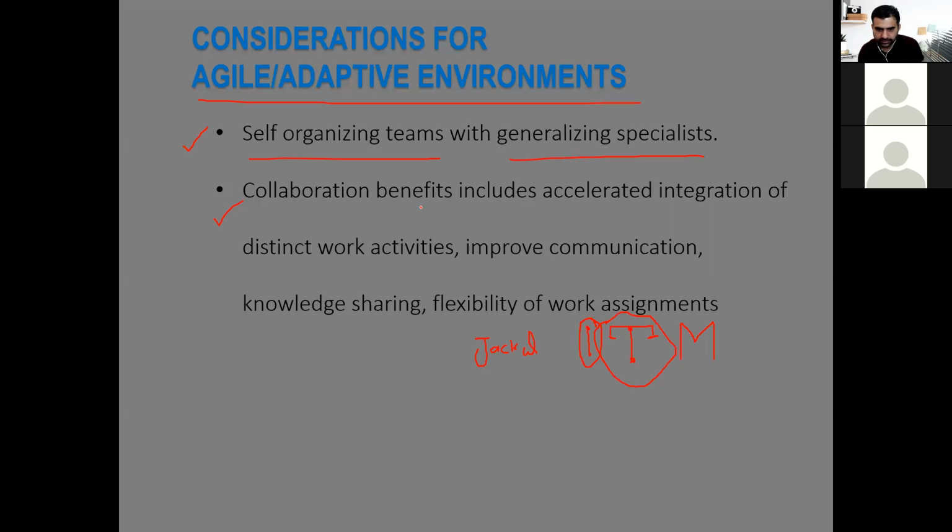Collaboration benefits include accelerated integration of distinct work activities, improved communication, knowledge sharing, and flexibility of work assignments. Because in Agile, our focus is quite a lot on people rather than processes, people and interactions instead of processes and tools.